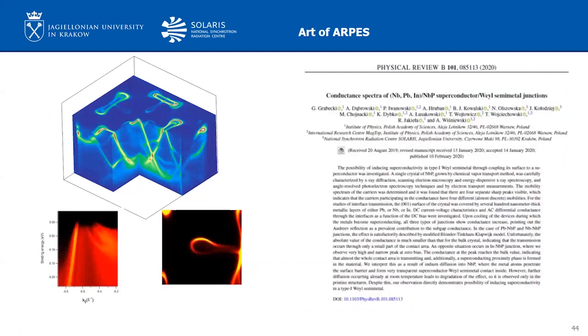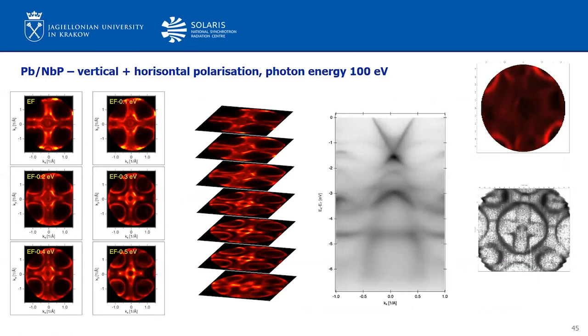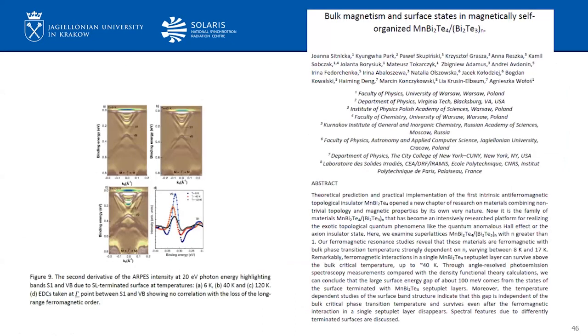Okay, and next we also have measurements of a semi-metal junction with superconductors. An example here. It is also a very nice but hard to interpret spectrum.